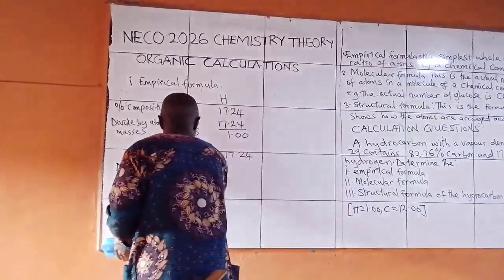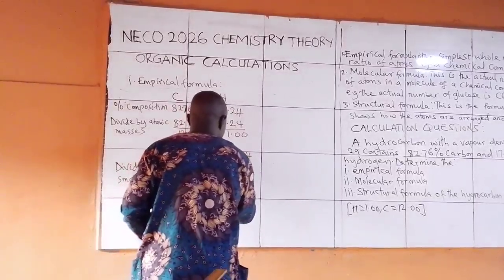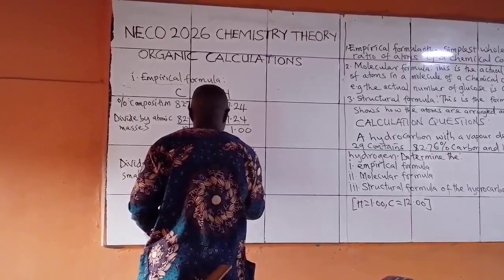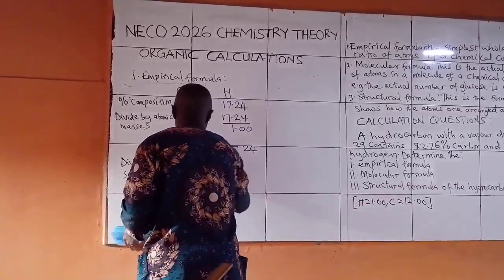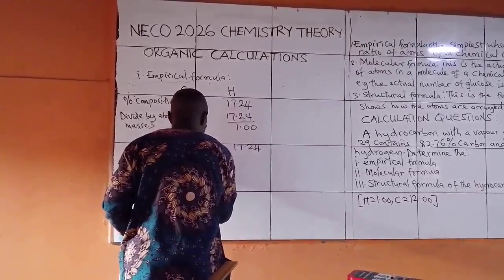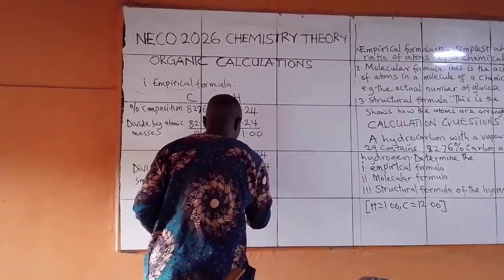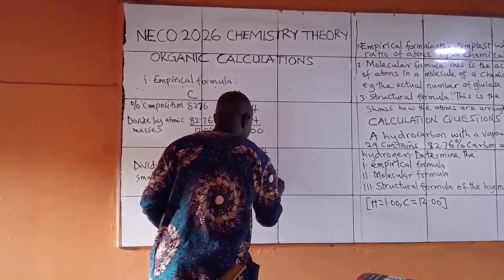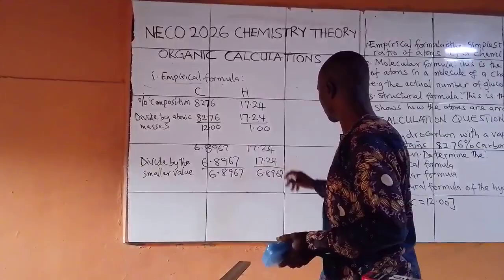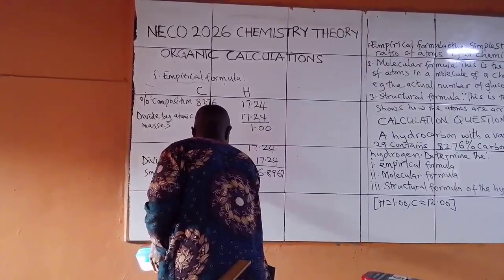So for carbon, we have 6.8967 divided by 6.8967, and for hydrogen, 17.24 divided by 6.8967. So for carbon, this is 1.